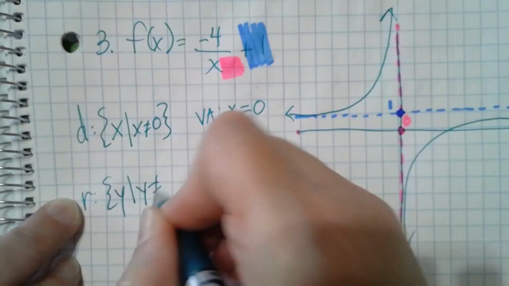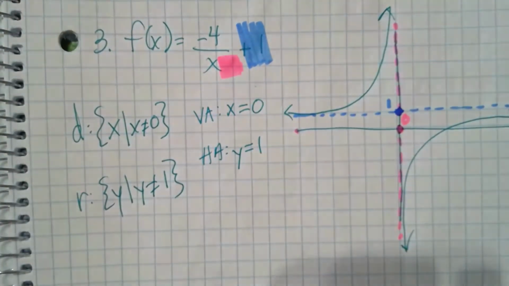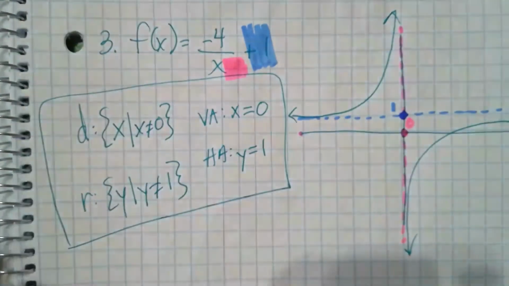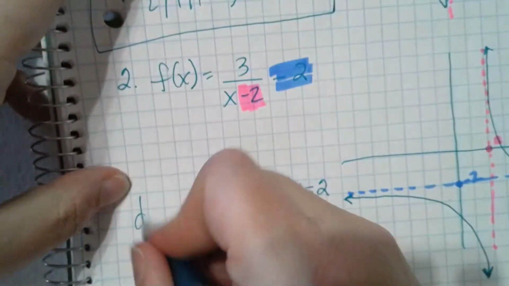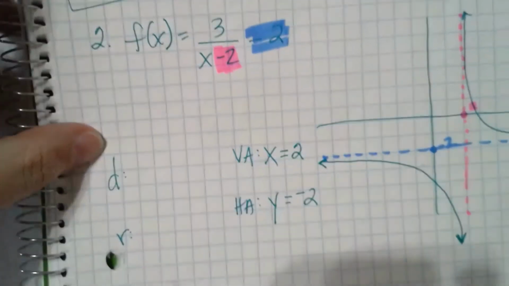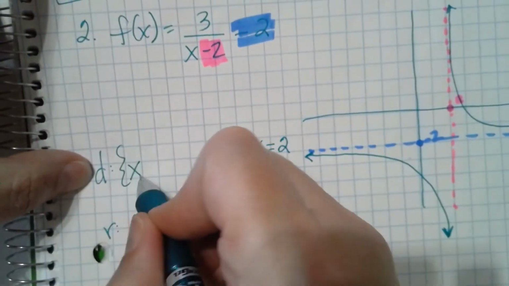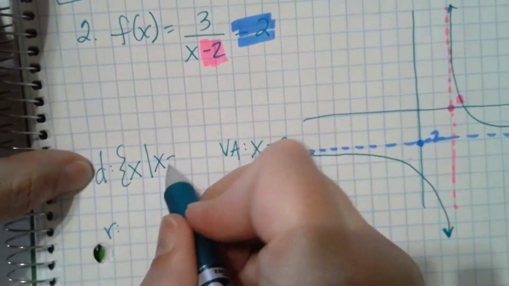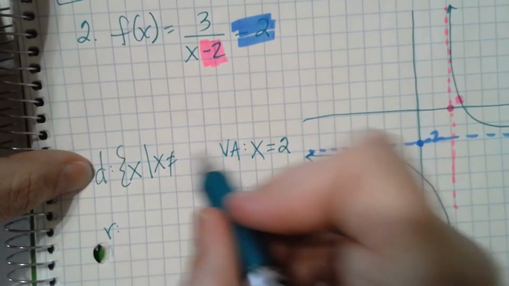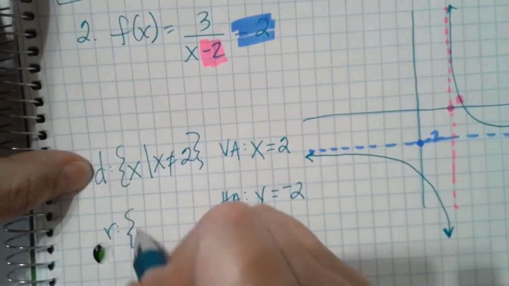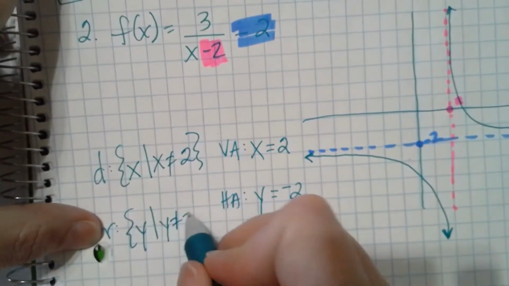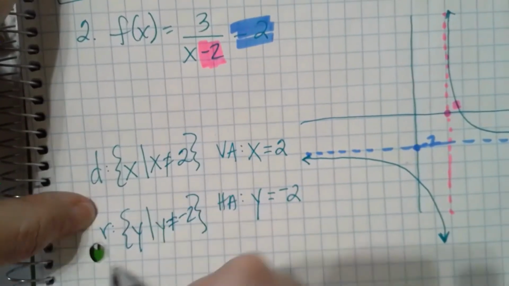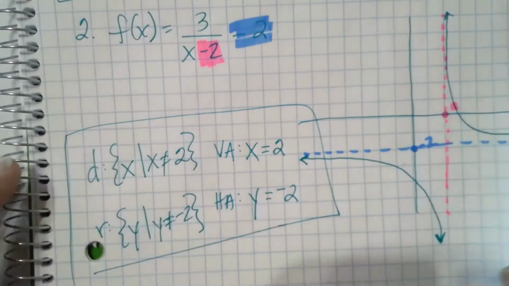So y cannot be positive 1. Okay, I'm going to sneak back to number 2 since I missed the domain and range for those. Domain is x values, except x cannot be 2. And the range, all y values except y can't be negative 2. Okay.